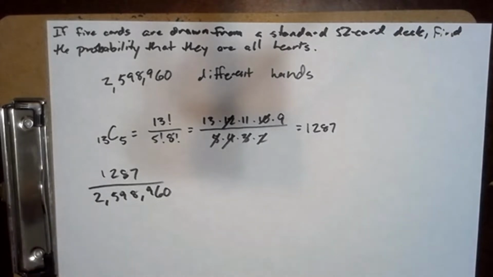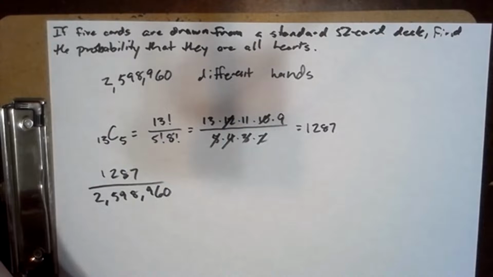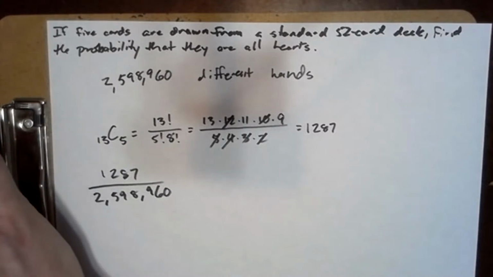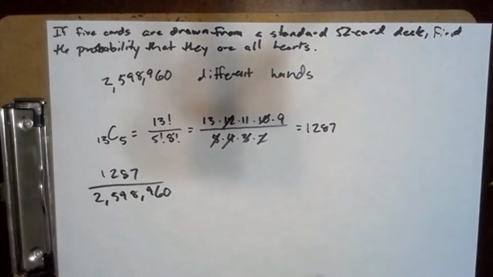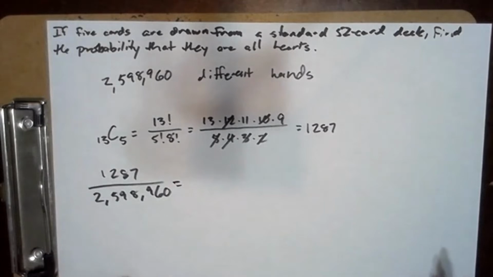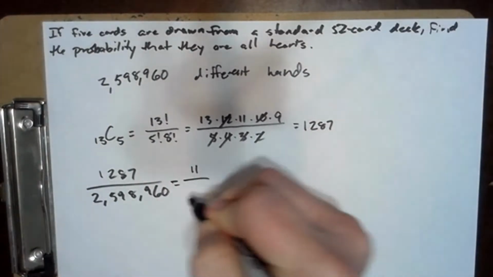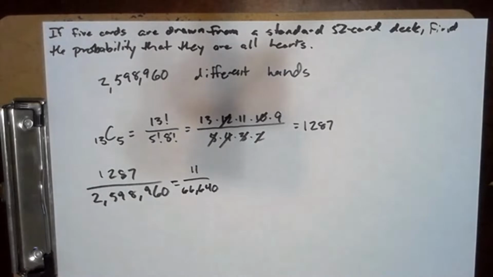Yeah, that denominator is not divisible by 9. But it is divisible by 13. It's divisible by 11. No. Okay, so we can divide the numerator and denominator by 39 to get 11 over 66,640. There's our probability.